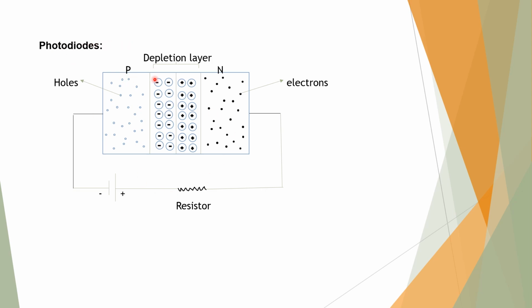This photodiode is a PN junction diode and it works in reverse bias condition. We say that it works in reverse bias condition because the p side of the photodiode is connected to the negative terminal of the battery and the n side of the photodiode is connected to the positive terminal of the battery.